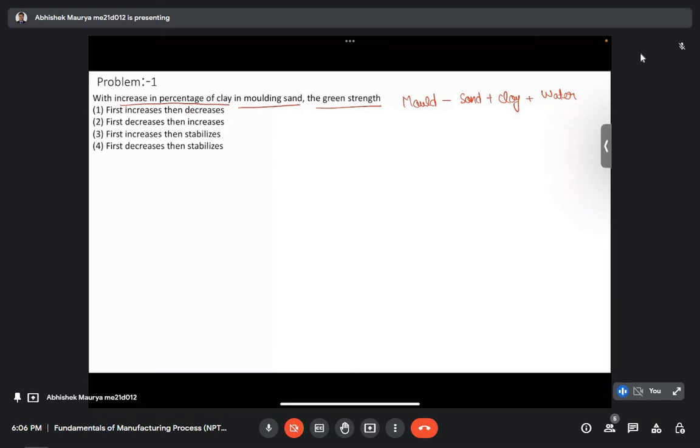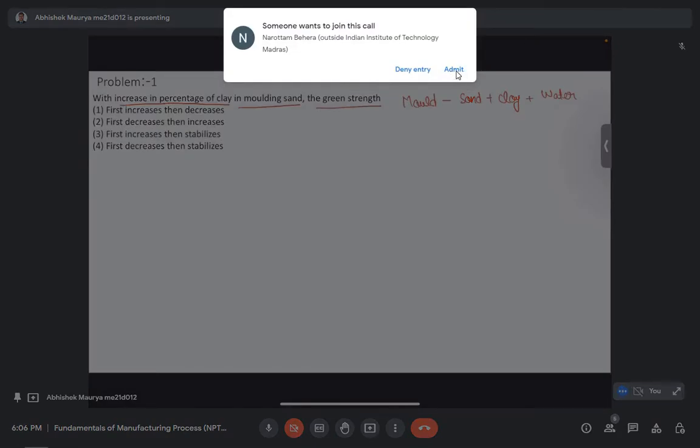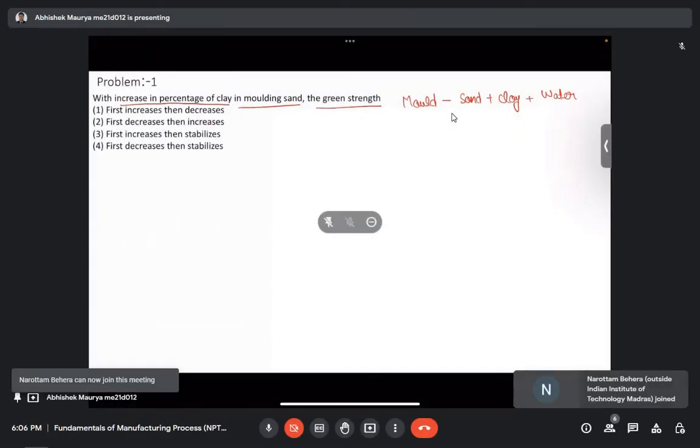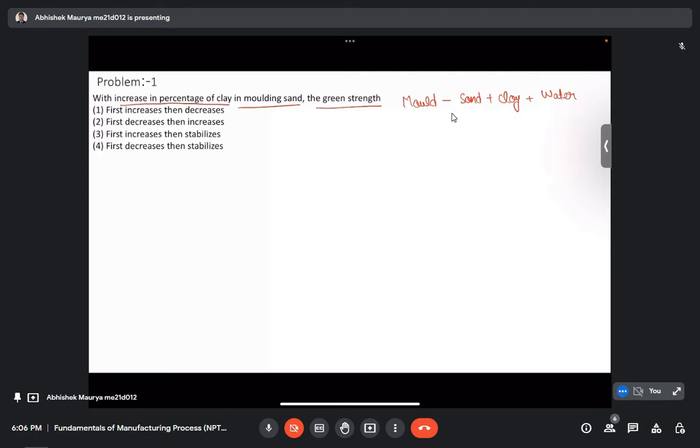So when a mold is made up of sand, then it should have some properties, and strength is one of the properties. So basically, when mold gets prepared, then it should retain its shape, its size, as well as it should be able to hold the molten metal which is being poured inside it.